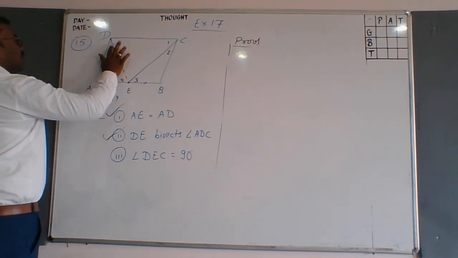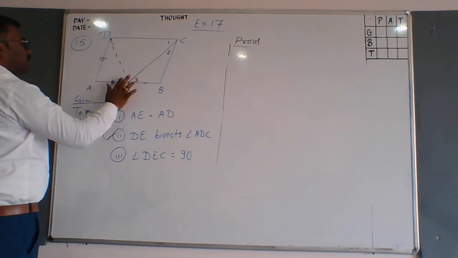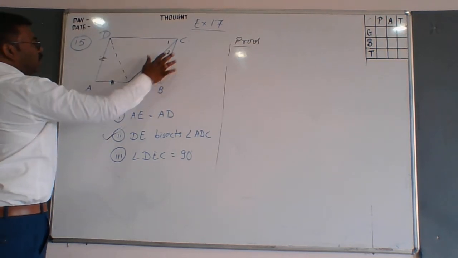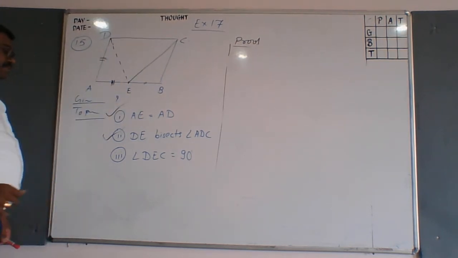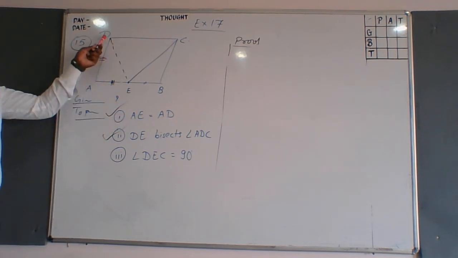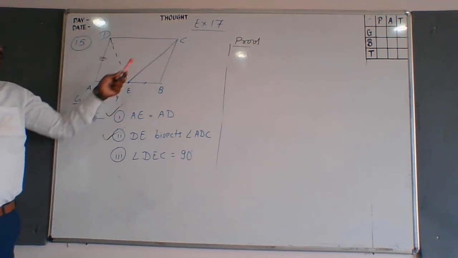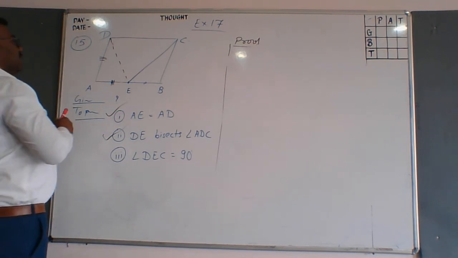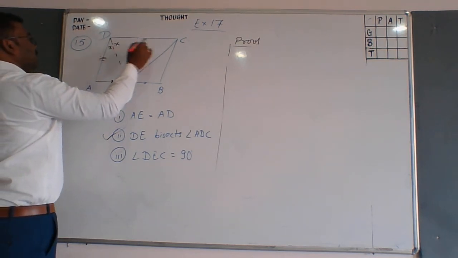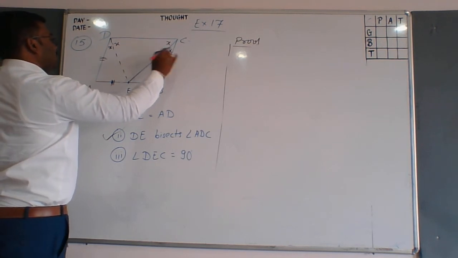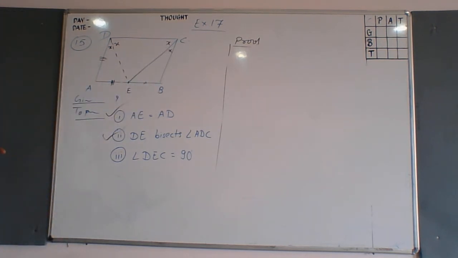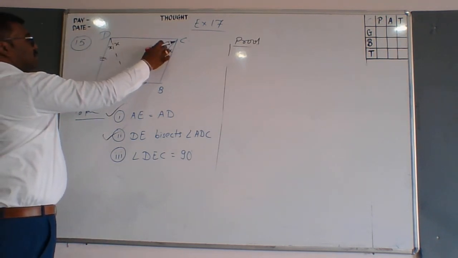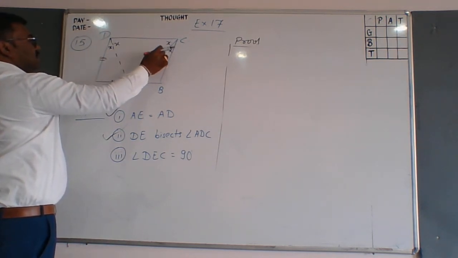Now, up to this, we have proved that DE is the bisector, CE is also a bisector. So that means these two angles are equal. Also, these two angles are equal. Correct? Because they are which type of angles?